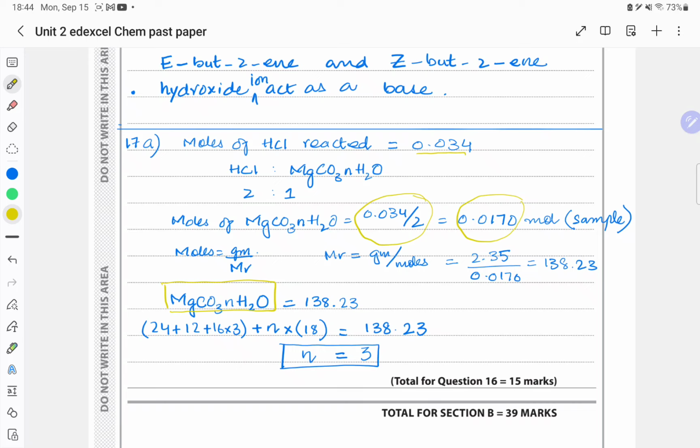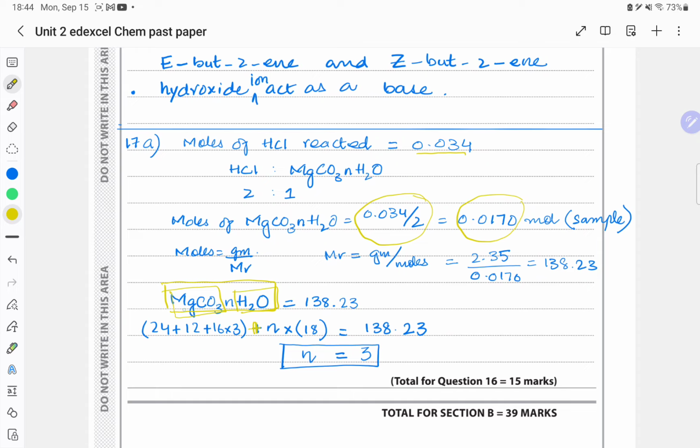Now can you find out the value of n in this sample? Yes, of course, it's not difficult. How are you going to do it? It's very simple, but mostly students make one mistake, that they forget to add this number. Remember, there are two different compounds over here. One is magnesium carbonate and one is water, and n is with water, it's not with magnesium carbonate. So how are you going to do it?